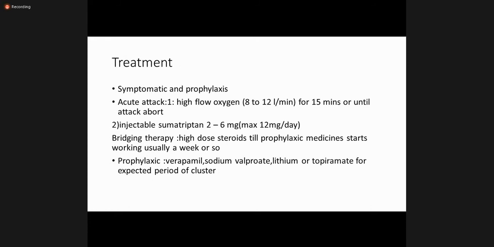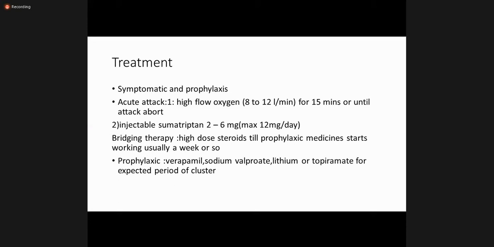And how will you treat? You need to treat the acute attack and give prophylaxis with drugs. The symptomatic treatment of an acute attack of headache needs high flow oxygen of about 8 to 12 liters per minute for about 15 minutes or till the attack aborts.